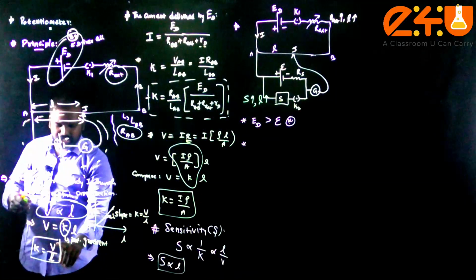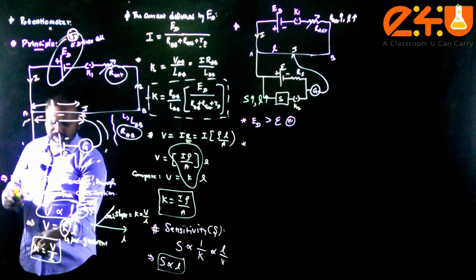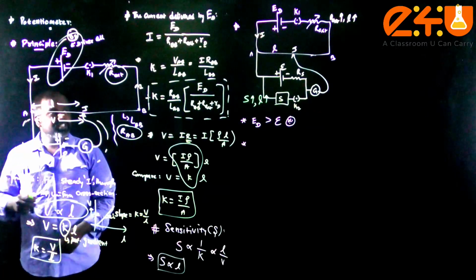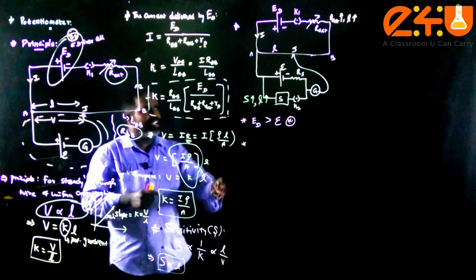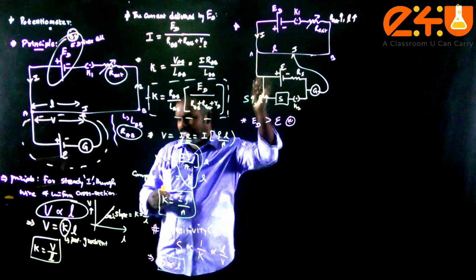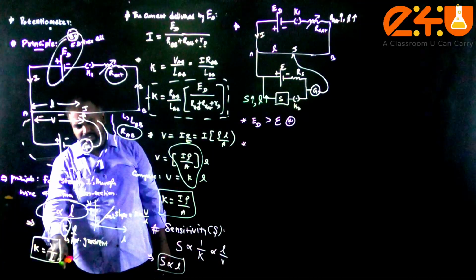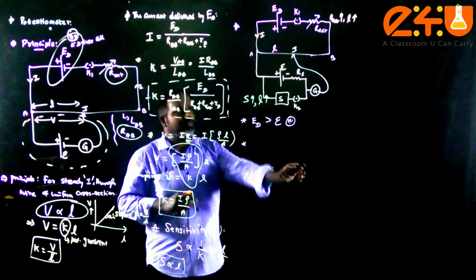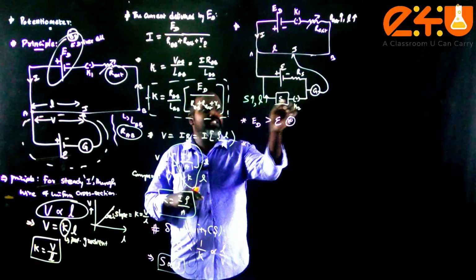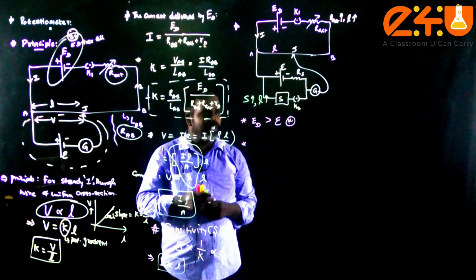So in this case, as V decreases, for the given circuit K should be constant. Therefore, when the terminal voltage decreases, the corresponding value of V will decrease. In order to maintain K constant, L should be increased. Or we can simply say that when shunt resistance increases, the balancing length of the circuit increases.